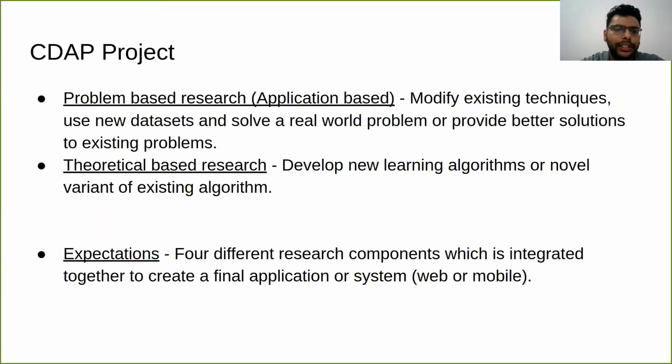One is problem-based research, or we can say application-based research. In this approach, we try to find some kind of problems in our existing scenario, maybe in our home, in our locality, anywhere. It can be a local problem, or it can be a global problem.